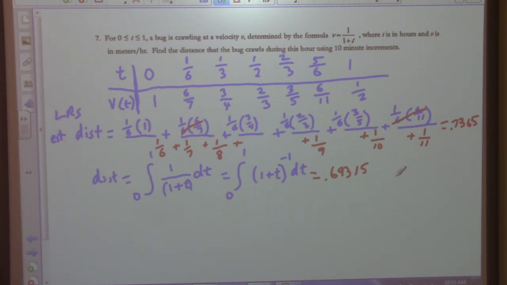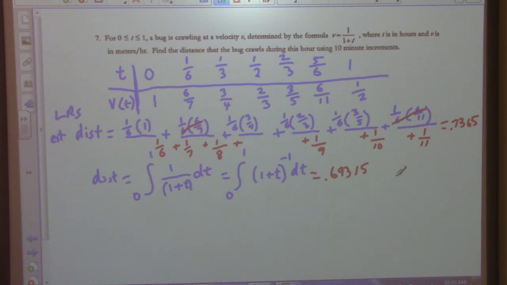What is going to give you a higher estimate value, a left Riemann sum or a right Riemann sum? Okay, there's a 50-50 guess right now. Gavin is 100% right. Why is left Riemann sum going to give you a higher value? Because the function is decreasing, right? And when the function is decreasing, left will give you a higher value.